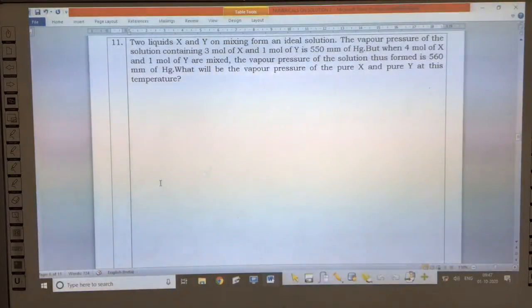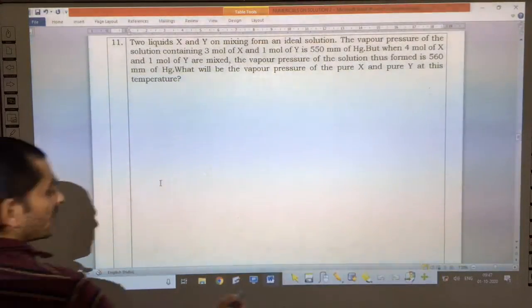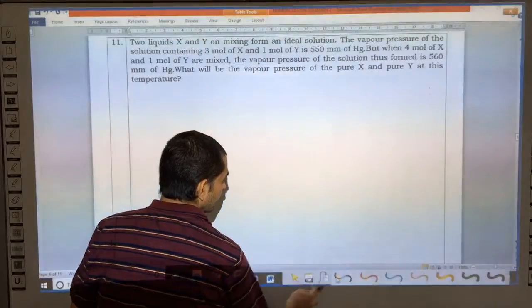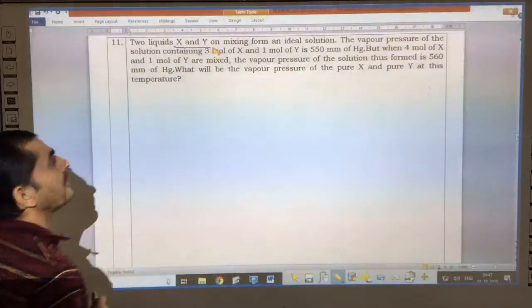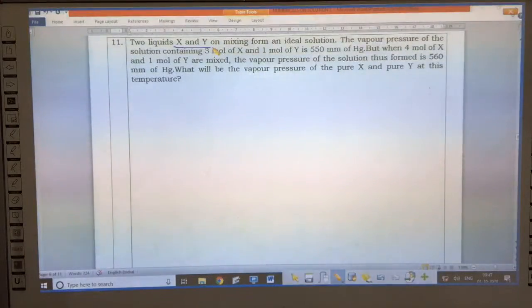You see question number 11. There are two liquids, X and Y, forming an ideal solution. This question has two parts. The vapor pressure of a solution containing 3 mole of X and 1 mole of Y is given.